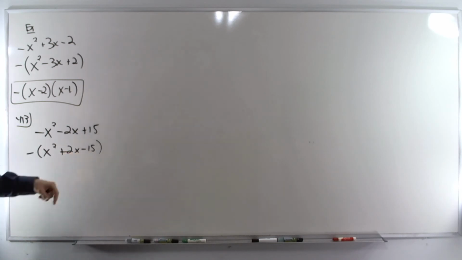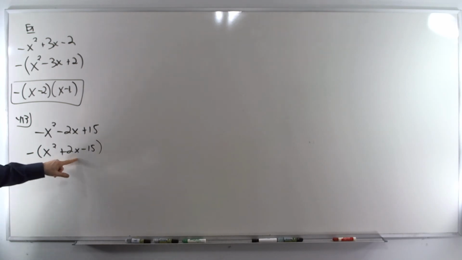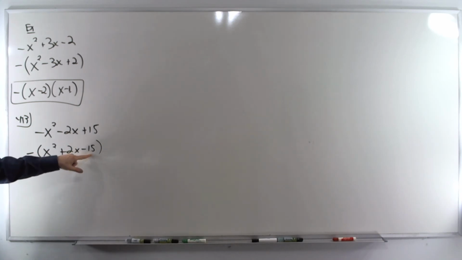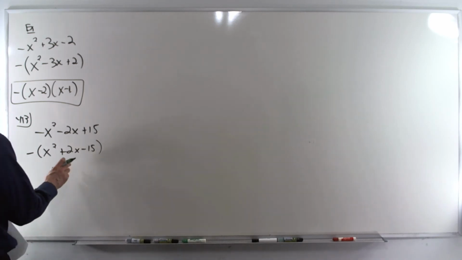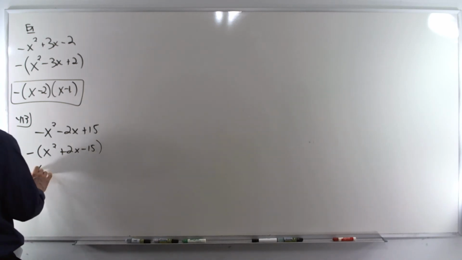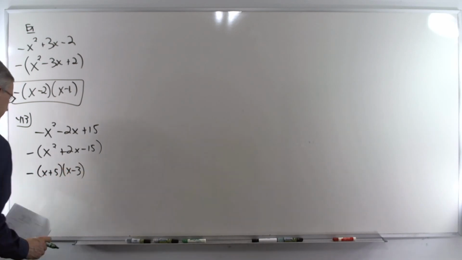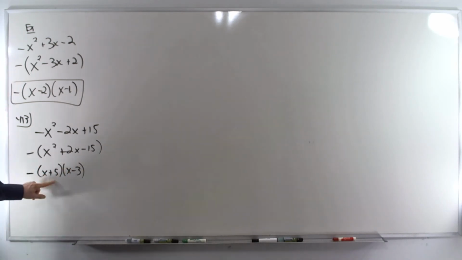Since this is negative, one of the numbers will be positive and one will be negative. And since the middle term is positive, that means the bigger number has to be positive. To get 15, we can do 3 times 5, and we'll make 5 the positive one. So that gives us negative 1 times x plus 5 times x minus 3.